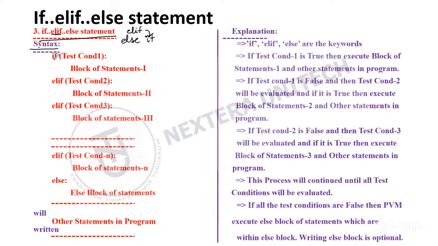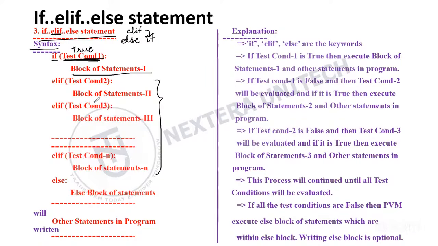First it will check the test condition of the if condition. If this condition is true, it will directly execute the block of statements 1. What happens is it will skip all the other elif and else conditions.